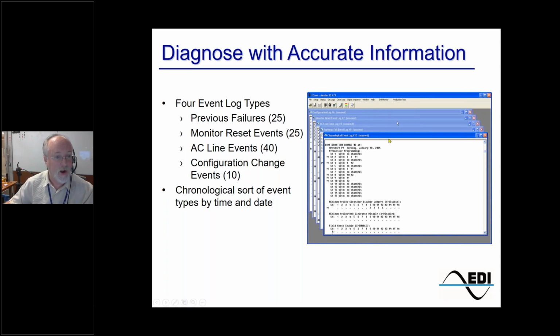You can see that on the monitor itself by going to view logs. When you go to view logs, it'll tell you how many previous fails you got, how many resets you got, and your AC. If you clear your logs, at a typical intersection you'll get maybe 3 or 4 logs.